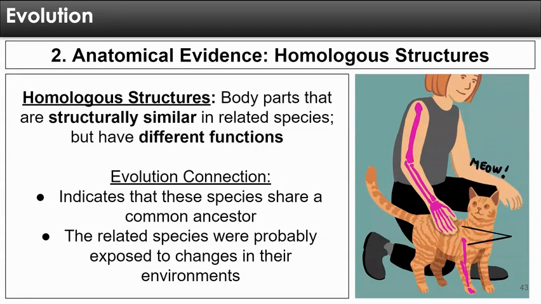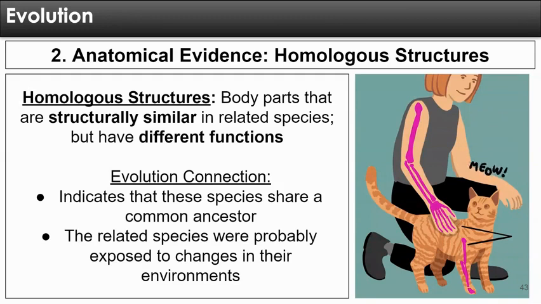So there may be a very ancient common ancestor between organisms that have created similar structures, and bone layout is very similar amongst very different species, but those species have all separately evolved to have different functions for those limbs. Okay, so a lot of big words here. Homologous, we know, means, well, homo, that root word, means same.